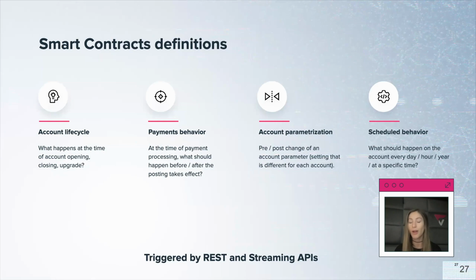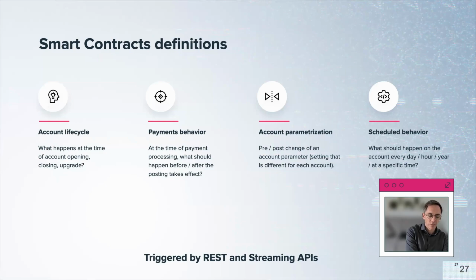These are not the only functionalities or areas of behavior that I can define with smart contracts, but for the purposes of this webinar, we are going to focus mostly on these main areas. And as I said, all of the behaviors are triggered by REST and streaming APIs that Vault Core offers.